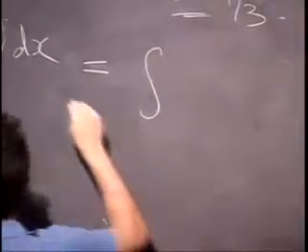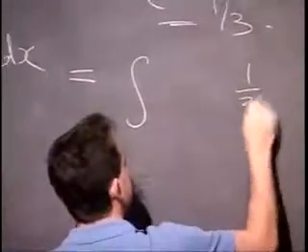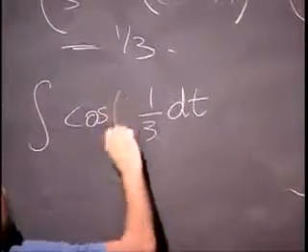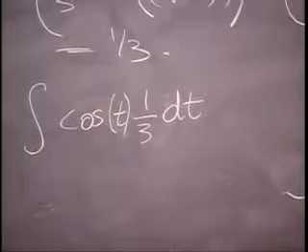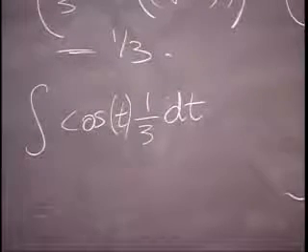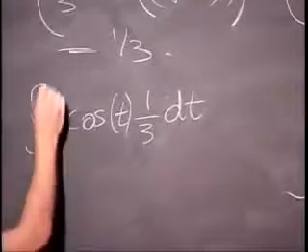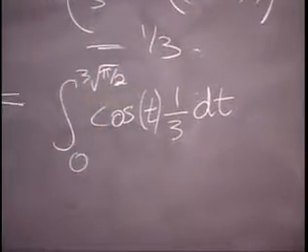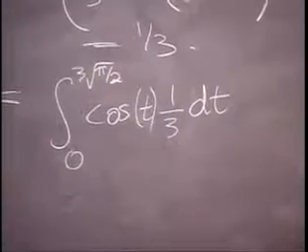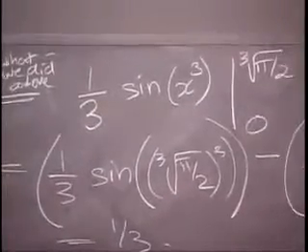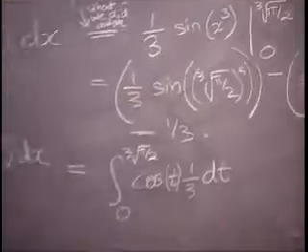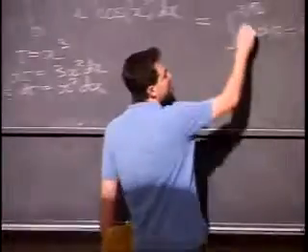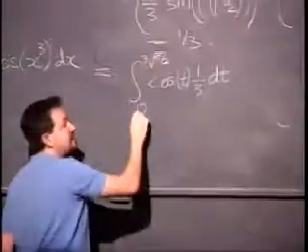We changed the x squared dx into 1/3 dt, and we changed the cosine x cubed to cosine of t. But that's a definite integral, and you might be tempted to write 0 to cube root of pi over 2, but that's wrong. So if you do this other method, you've got to turn it into an indefinite integral first. You have to get rid of the bounds as a separate column. See, this is wrong because these are values of x, not t.